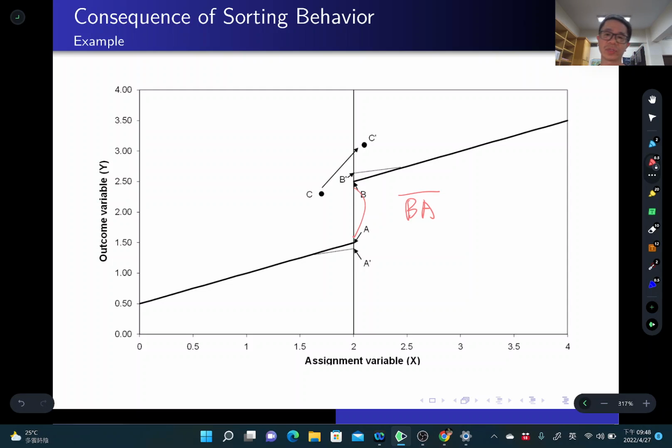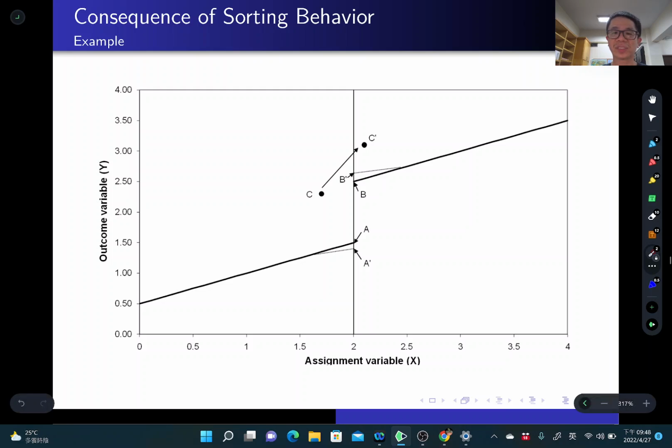It is the discontinuity. Okay. But what if they can change whether they are staying below the cutoff or above the cutoff? If C changes to C prime, that will make your RD estimation change.